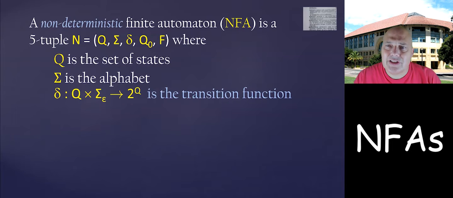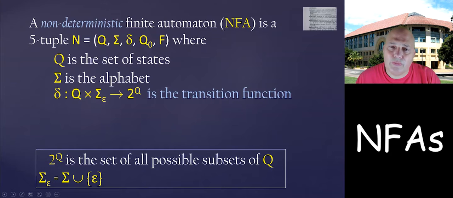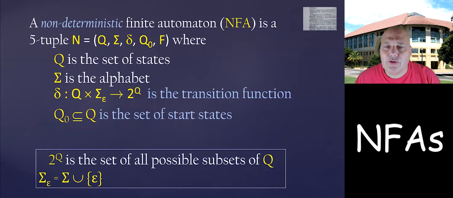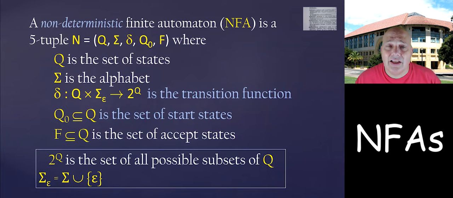And now it doesn't give you a single state, it gives you a subset. So 2 to the Q refers to the set of all possible subsets of Q, and this subset can be empty or can be large. These are all the states you can reach when reading a particular symbol from a state. And sigma epsilon is sigma union epsilon. Q0 is the set of start states, so now we allow more than a single state. And F is again the set of accept states.